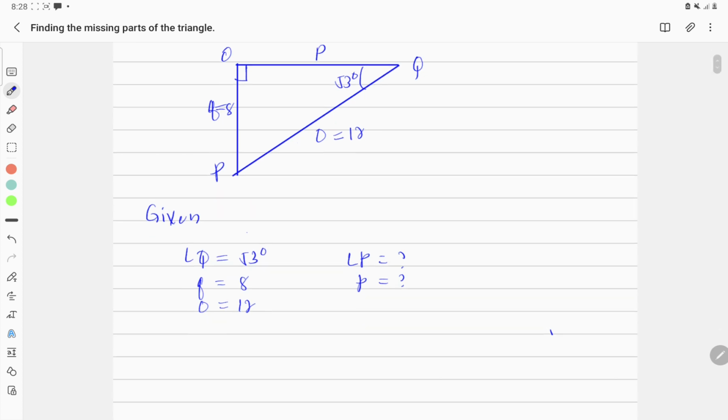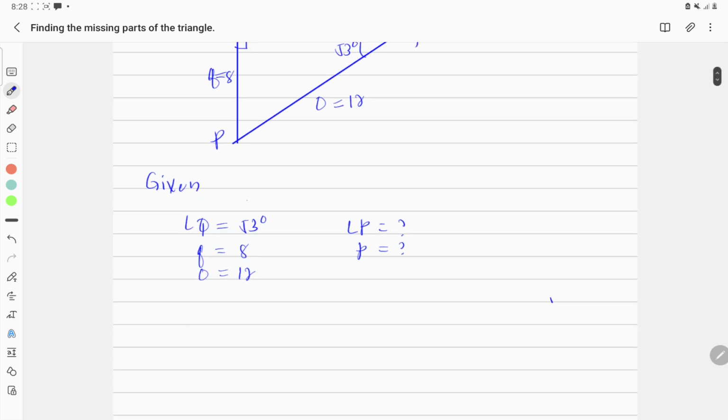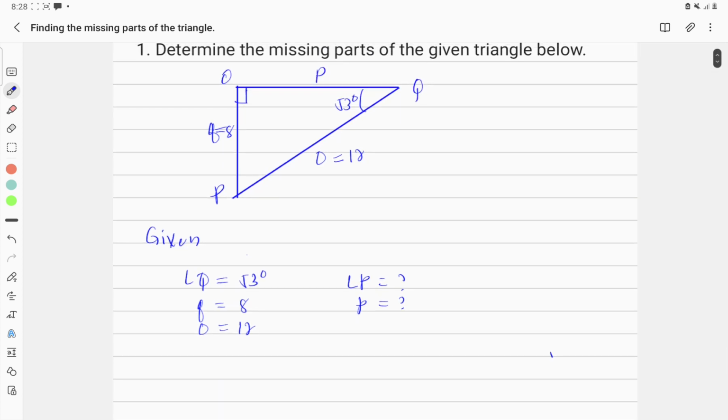Okay, working on this, if we're going to take the measure of P, then you will have to use the cosine function.